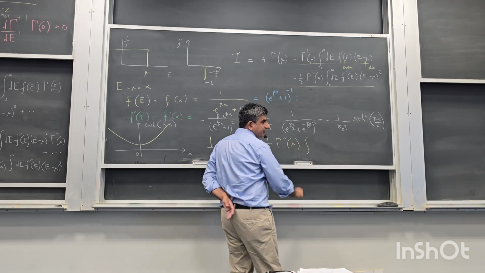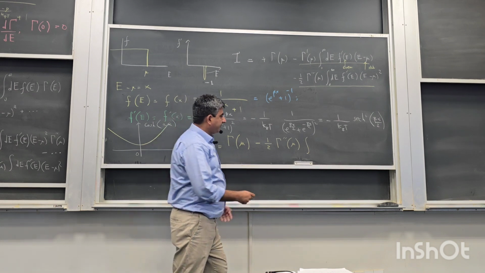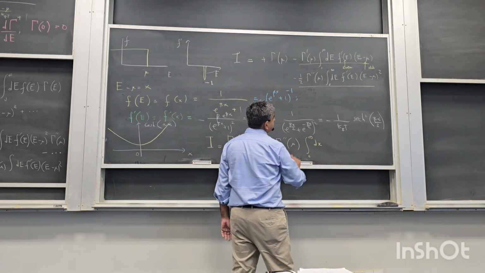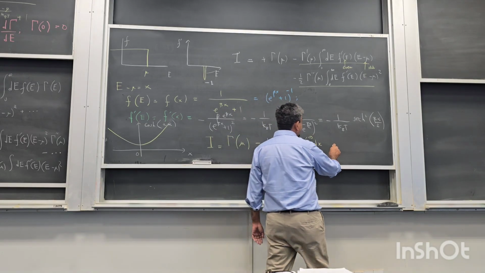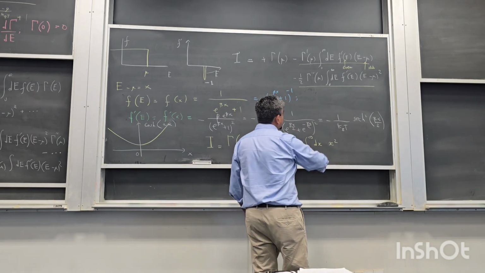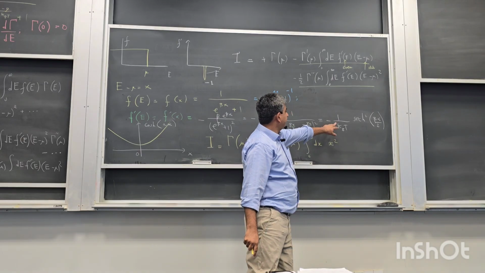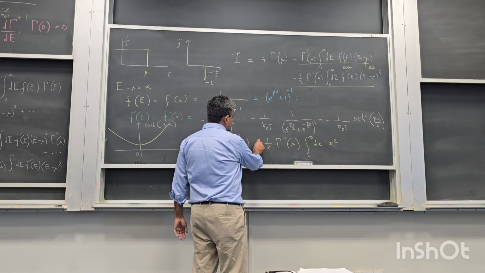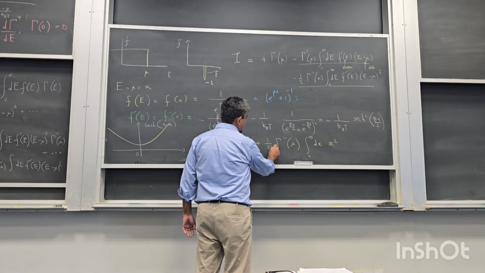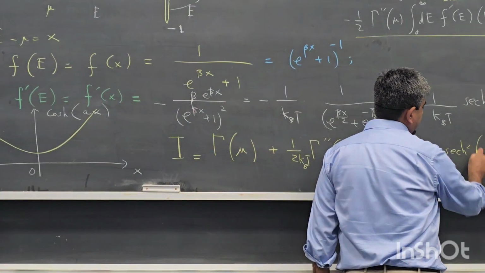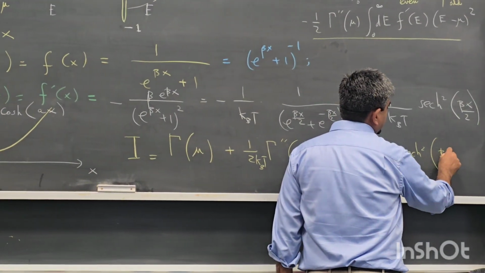Let me replace the variable E by x, 0 to infinity dx. This is x squared, E minus mu squared is x squared, and f prime is given by this, so I'll put 1/2 here, kBT sech squared beta x over 2.